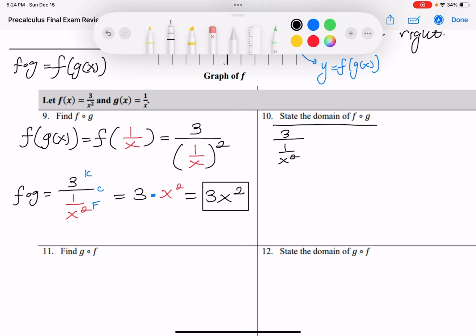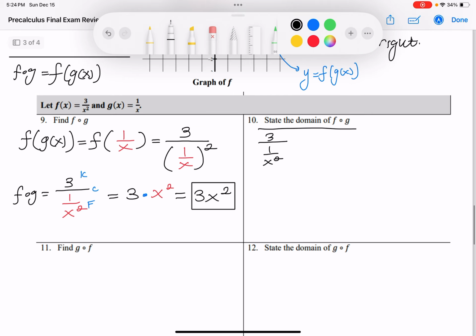The domain of the function comes from before we utilize keep, change, flip, because we have a variable in our denominator, and this is a fraction, and we should know from unit 1 that our denominator has a restriction. So for our domain, our denominator, which is 1 over x squared, cannot equal 0, because if our denominator is equal to 0, then our function is undefined.